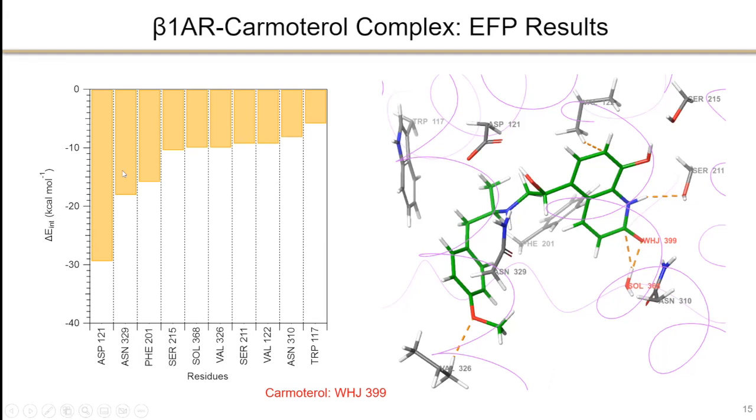You can observe that aspartate 121, located here, is the amino acid that is interacting most with the ligand. This is the information that we get. What is interesting is that there is crystal water that is also included in these results.